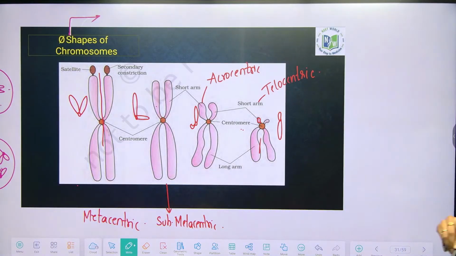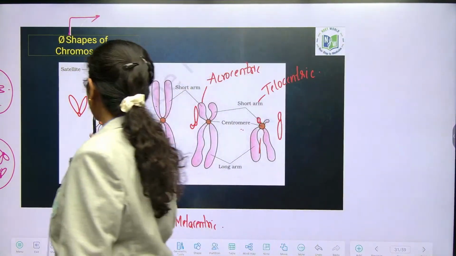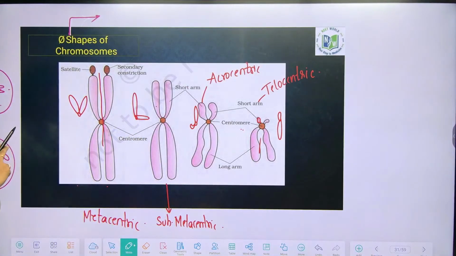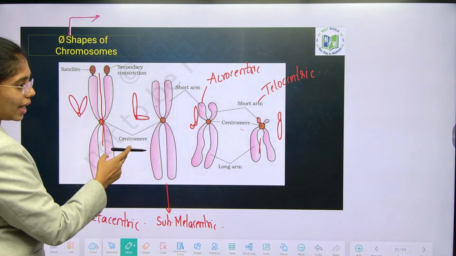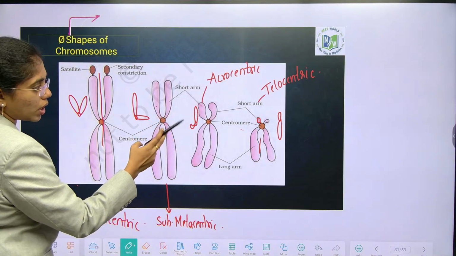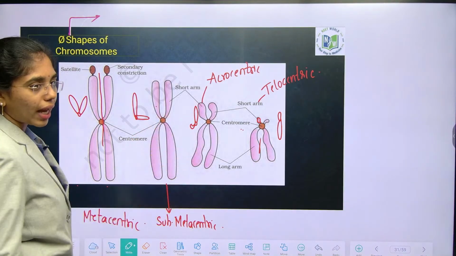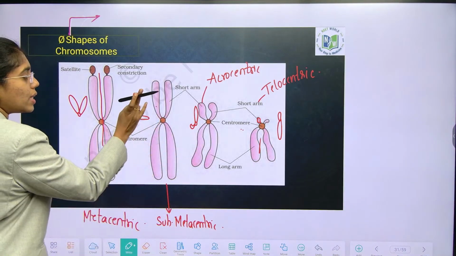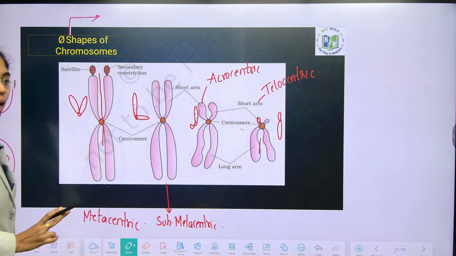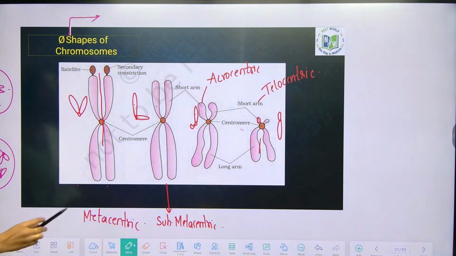So metacentric moves in V shape, submetacentric L shape, acrocentric J shape, telocentric I shape.